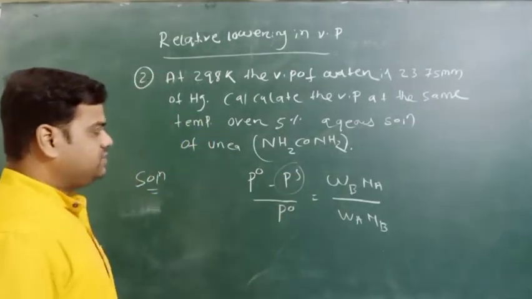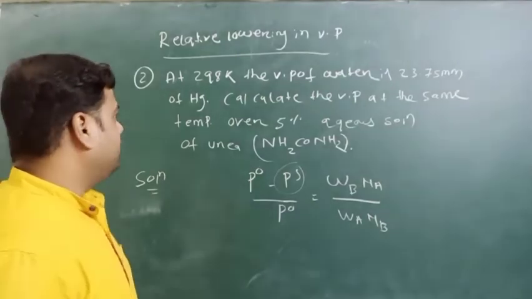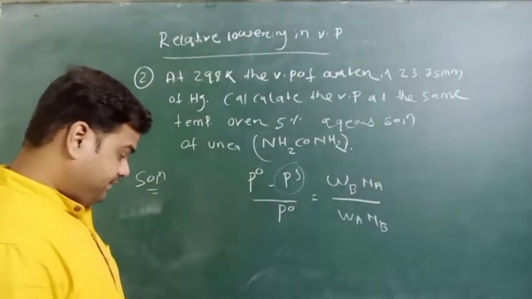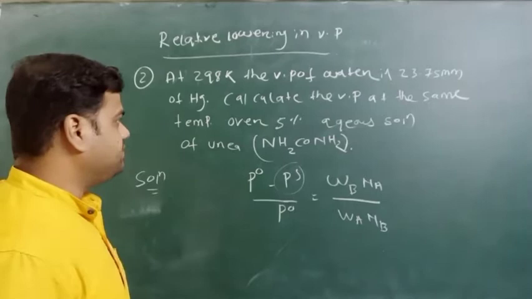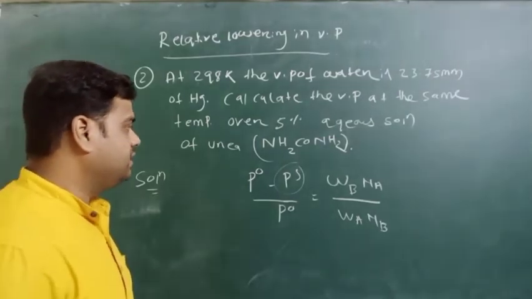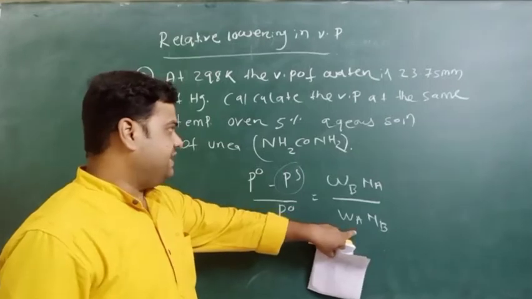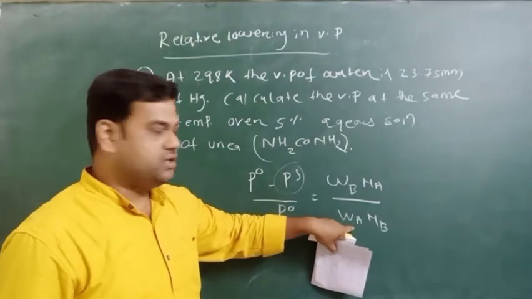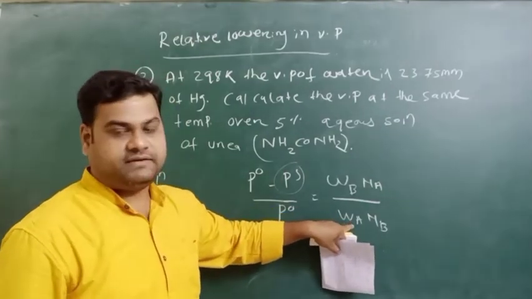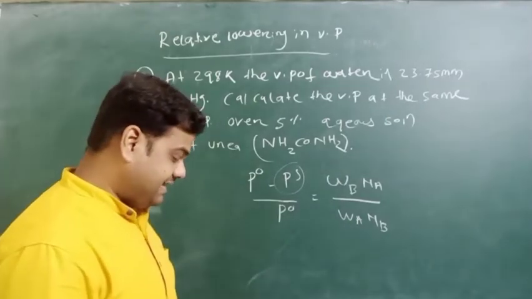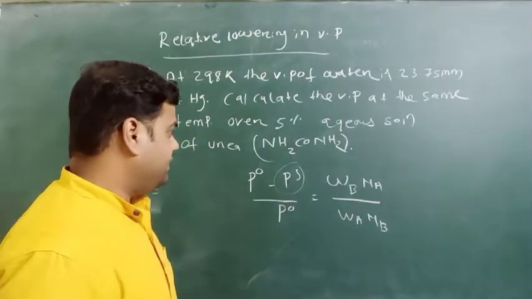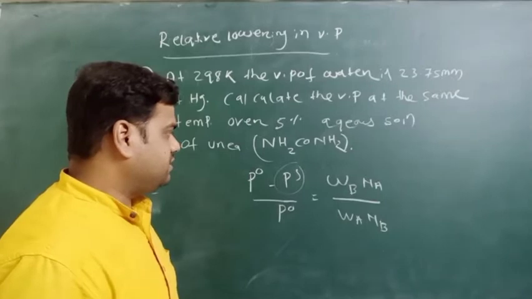The given values are: WB is 5 grams, meaning we have taken a 5% aqueous solution, and WA is 95%, that is 100 minus 5 equal to 95 grams. We have to calculate the molecular mass of the solvent.